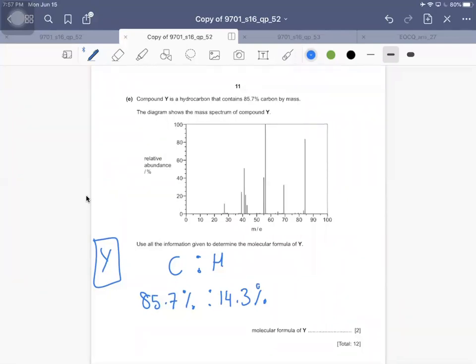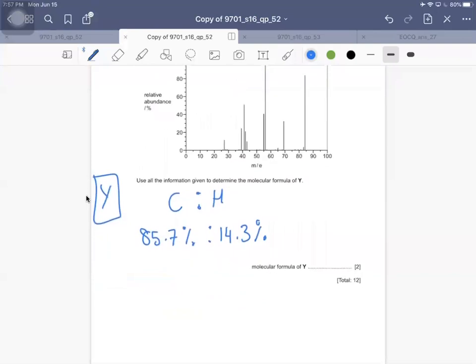So you know the percentage mass. When they give you the percentage mass or the mass composition, you can find the empirical formula from here, even though the question is not telling you to find the empirical formula. So that's up to you to be smart to spot that finding the empirical formula can help you find the molecular formula, because molecular formula and empirical formula are related.